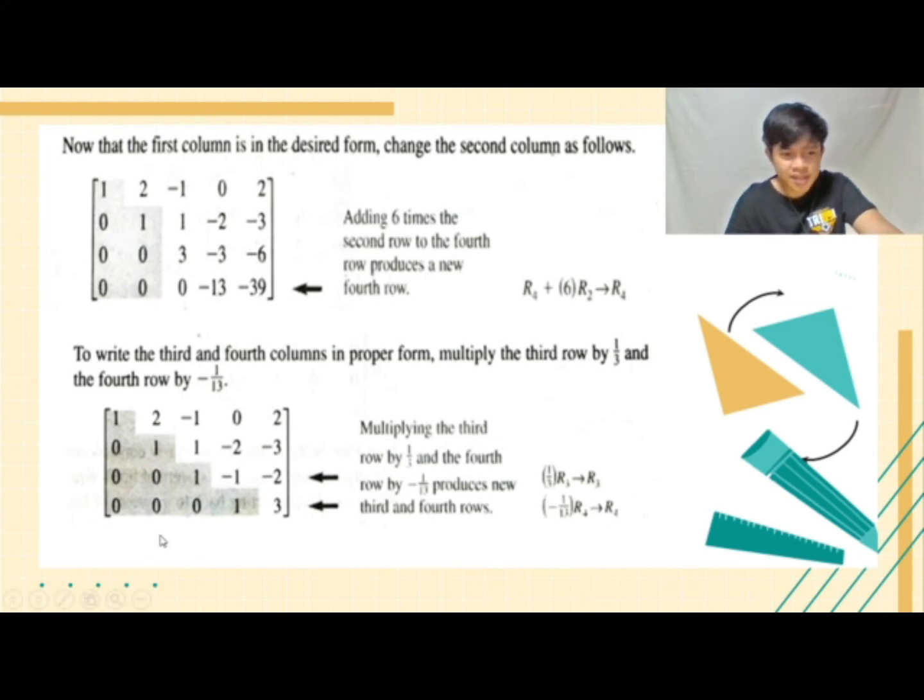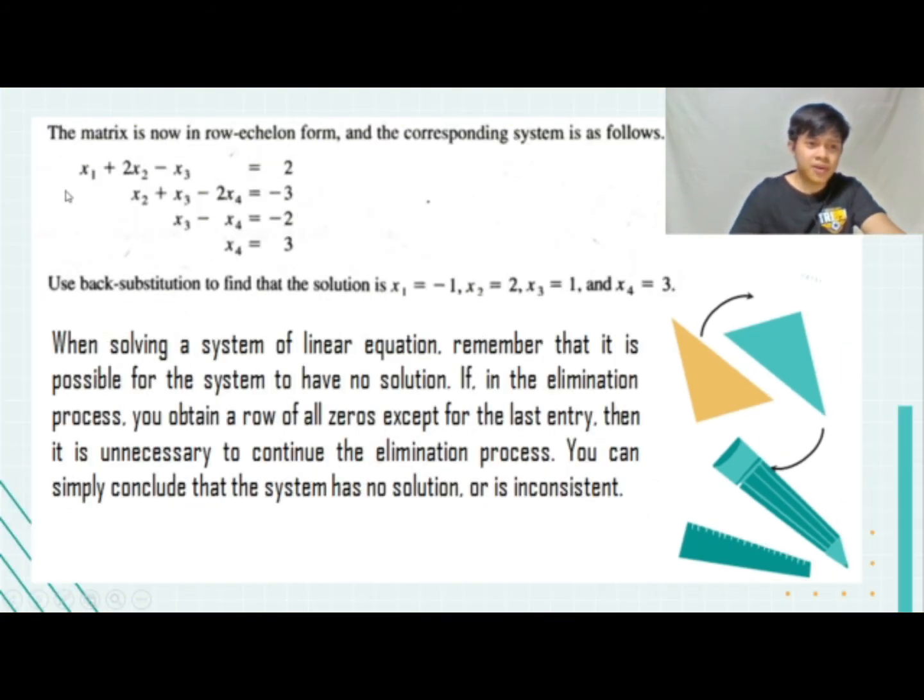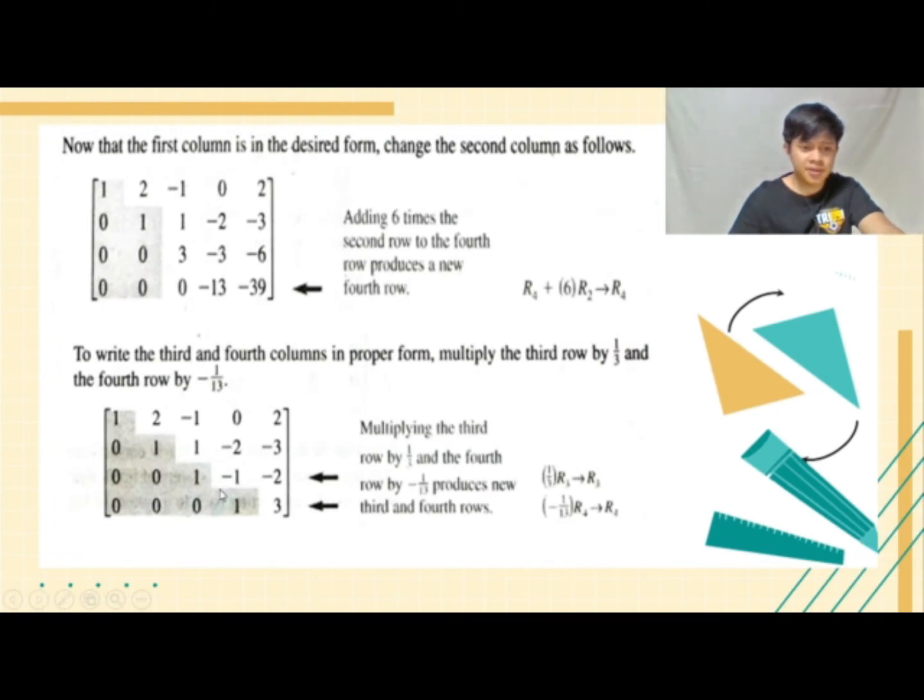Ito po yung mga x of 1, x of 2, and then x of 3. Kaya po mapapansin po ninyo, dito po ay nawala na po sila. Yan po yung tinutukoy na mga 0, and then the last one is 0. Ayan po, mapapansin nyo.